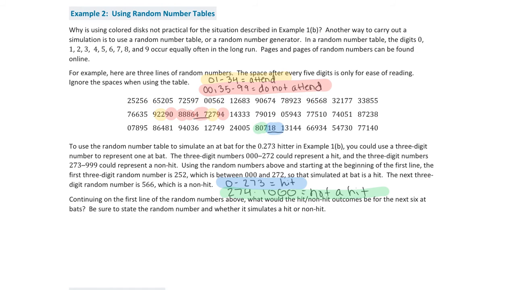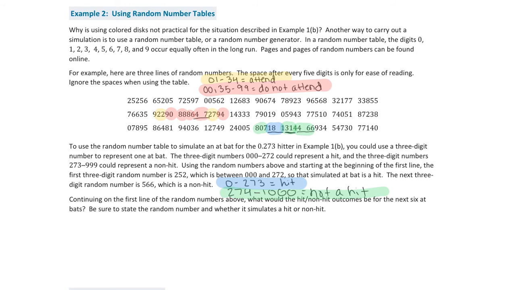All right. Now our next number is going to be 314. We know that's between 274 and 1,000, so we can go ahead and highlight that green. And then we have our next number, which is going to be 466, which is between 274 and 1,000, and we can highlight that green.